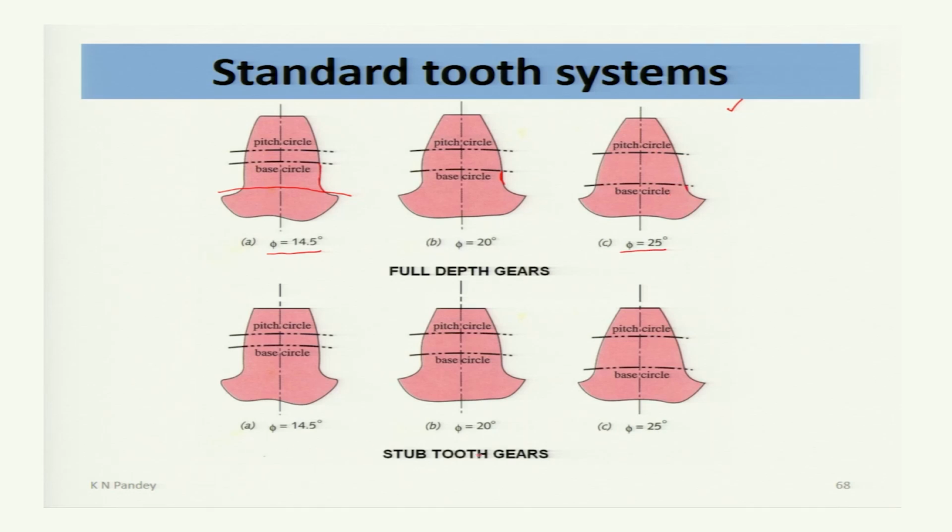Now in the case of stubbed tooth, you may see that the upper part of the tooth is stubbed, which has a depth equal to 0.5 of the module. So by stubbing it, we are decreasing the addendum, and so there is lesser chance of touching the involute part of the addendum with the non-involute part which is below the base circle.